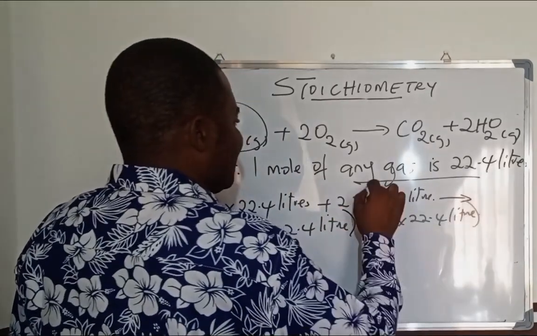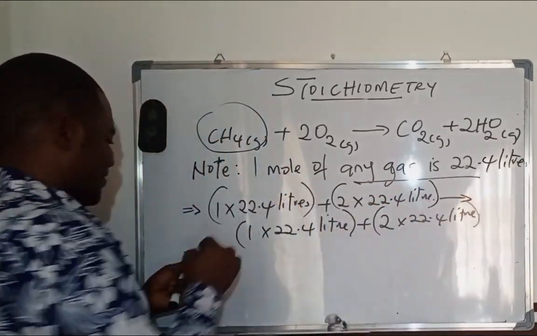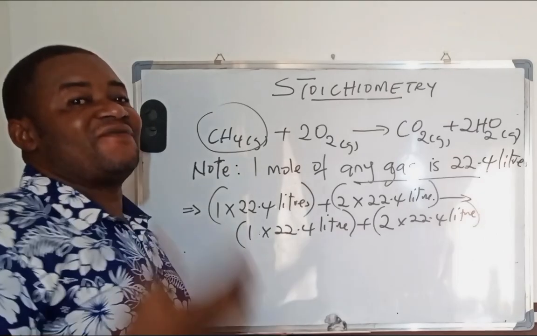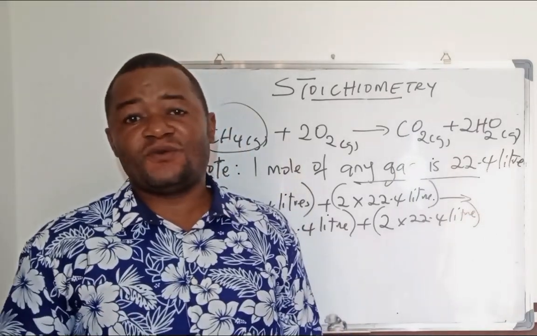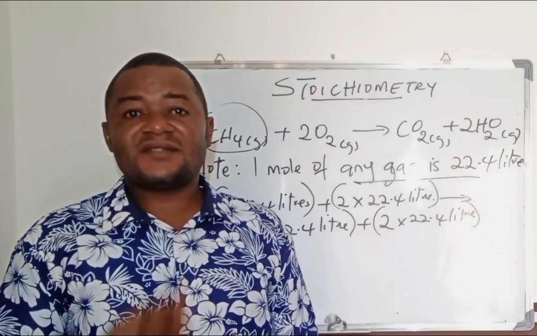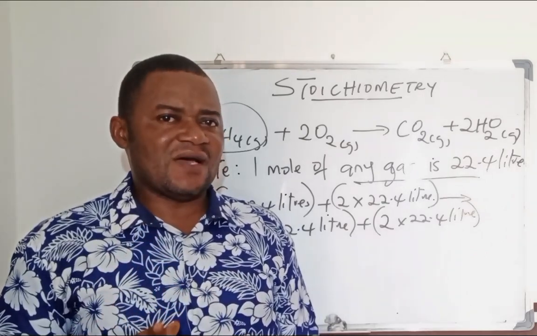The difference here is that we are considering 1 mole of every gas equivalent to 22.4 liters if you must calculate stoichiometry of reactions that involve only gases. You must take note of that.